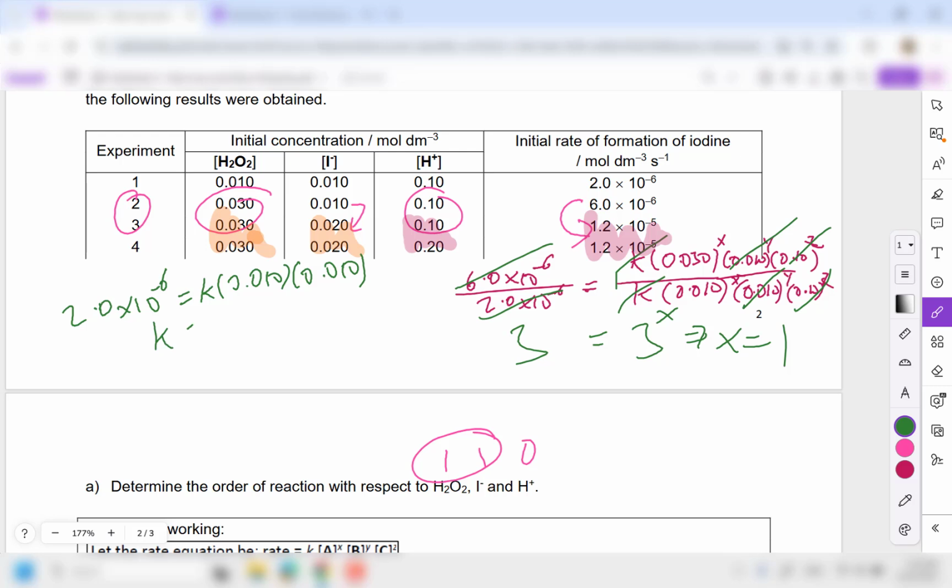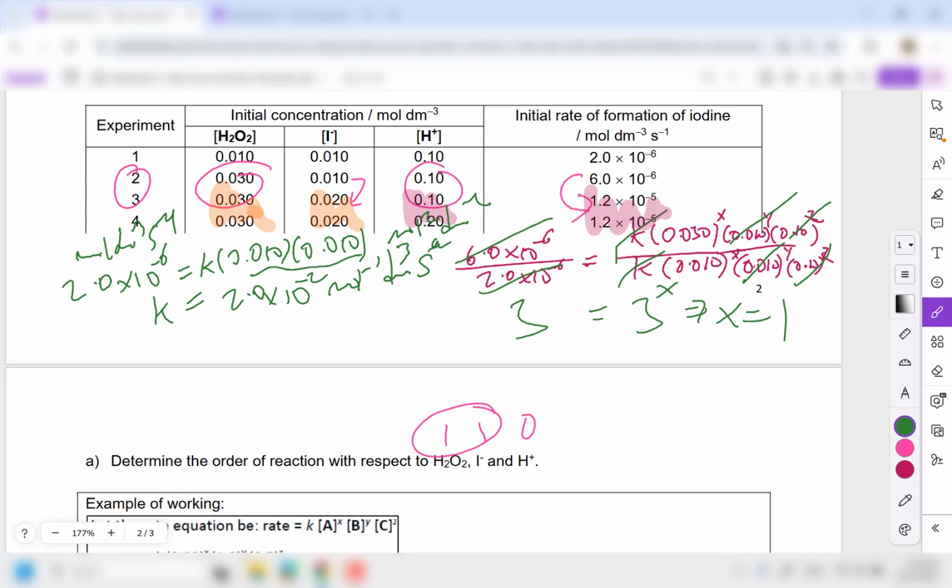Then k is equal to, I'm going to bring this over here, so this will be 10 to the power minus 4, so I'm going to get 2.0 times 10 to the power minus 2. The units: this will be mol squared dm to the minus 6, then this will be mol per dm cube per second. I shift it over, I'm going to get per mol dm cube per second. Okay, right, so this is the way to do it.